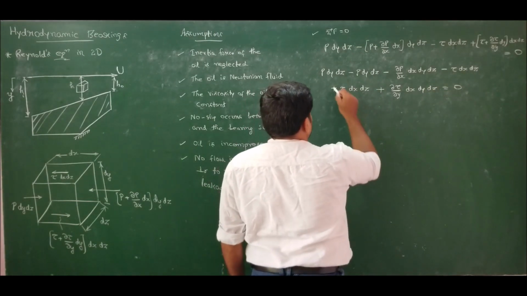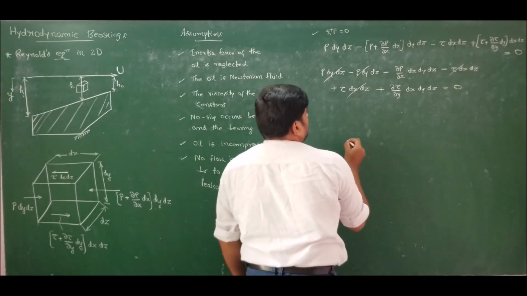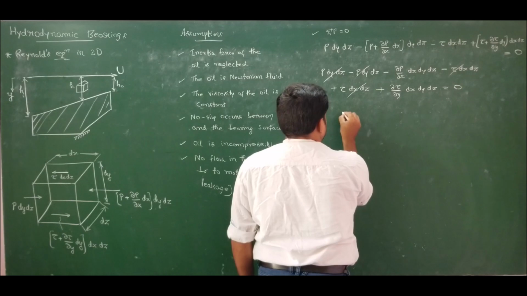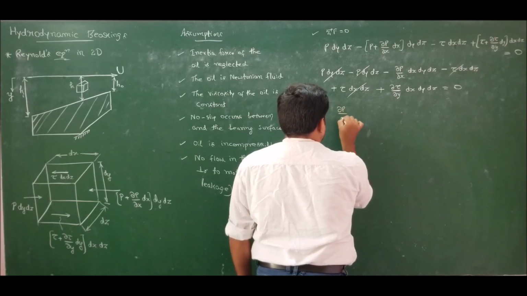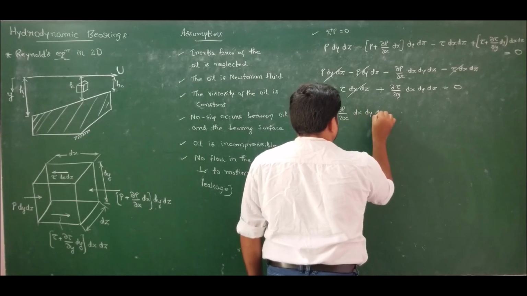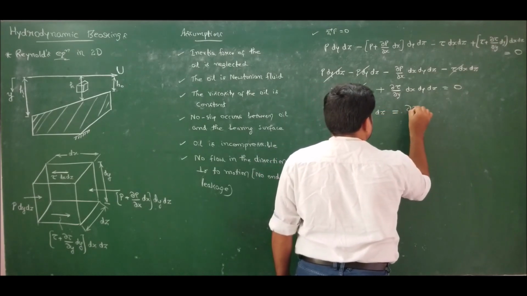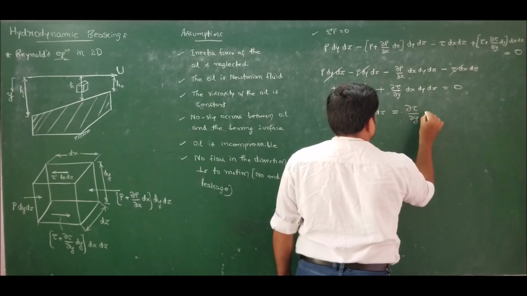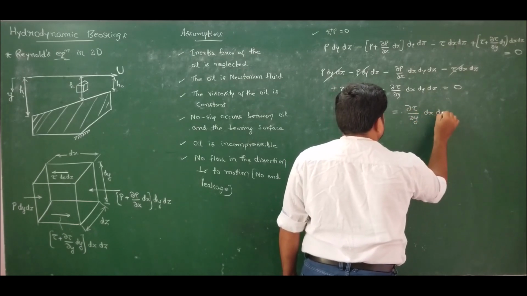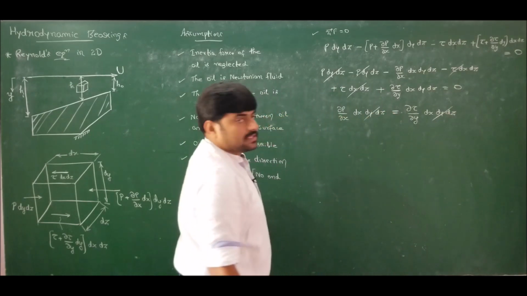So here these two will get cancelled and these two will get cancelled. I am left with ∂P/∂x dx dy dz is equal to ∂tau/∂y dx dy dz.